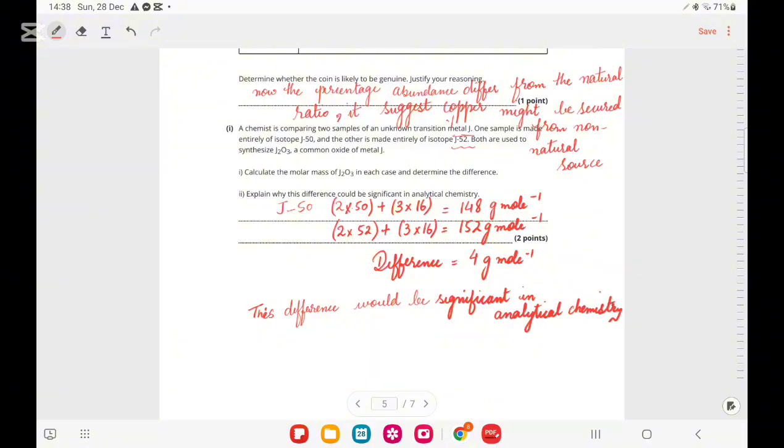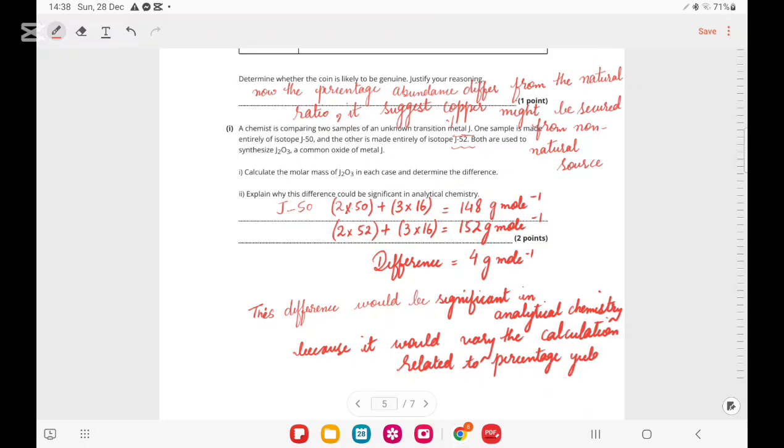Because that would affect the calculation, it would vary the calculation related to percentage yield, or it could be limiting reagents.